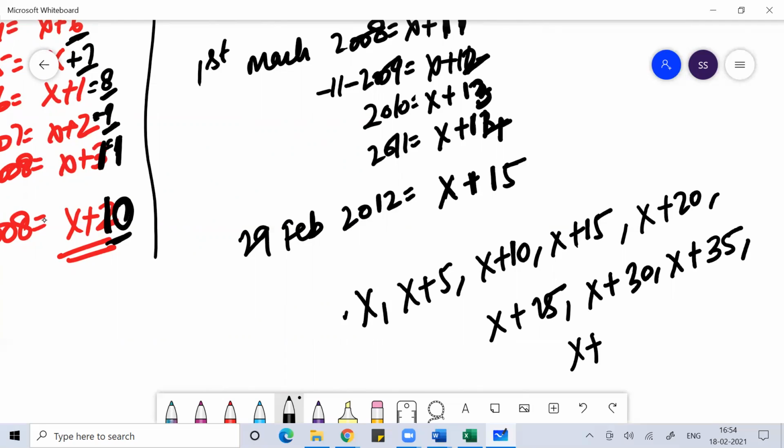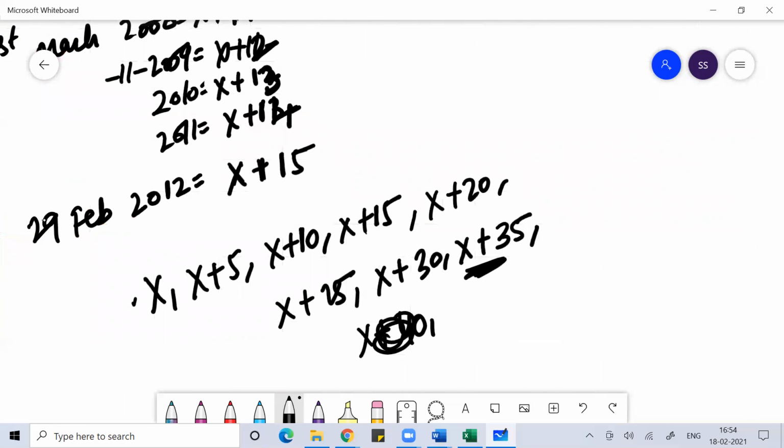You can check 5, 10, 15, 20, 25, 30, 35, then 40. It should be divisible by 7. So you can see x plus 35. This happens after how many years? 7 and 5, you can check this. It will happen after 28 years.